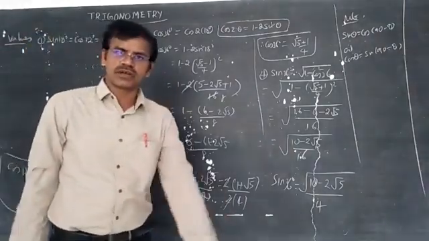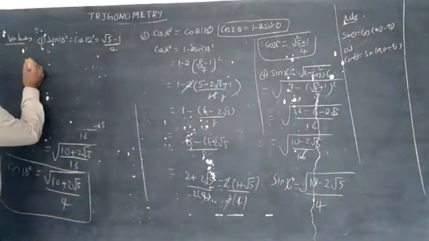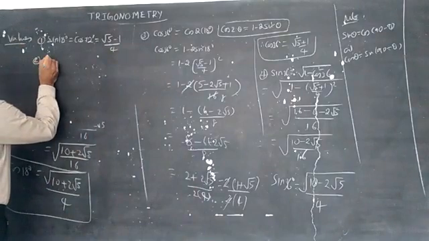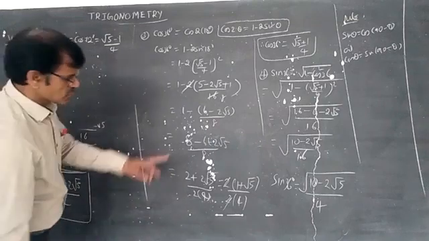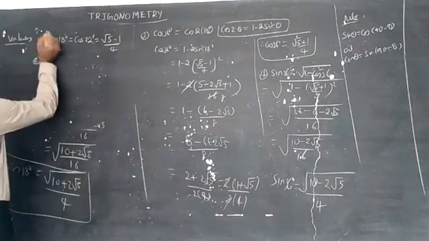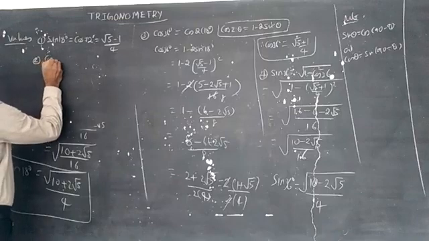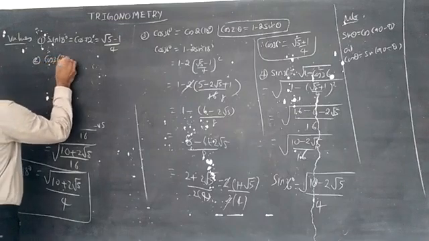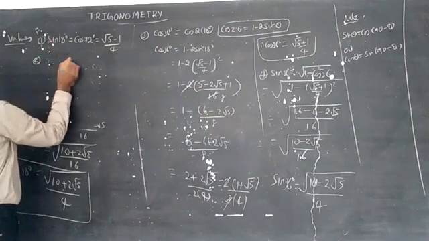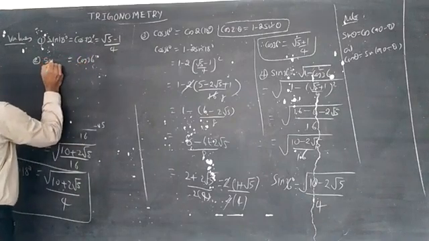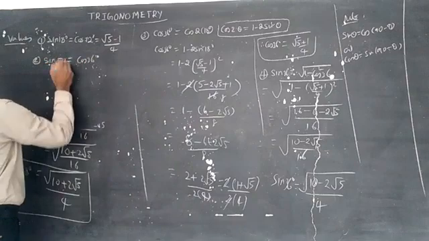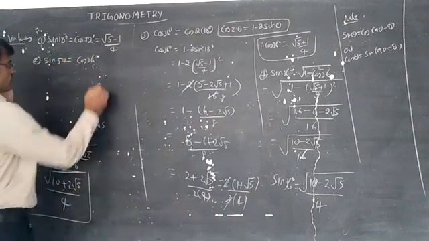It is the first formula. Second formula, cos 36 is better to take. Here, sin 54, because 90 minus 36 becomes 54.